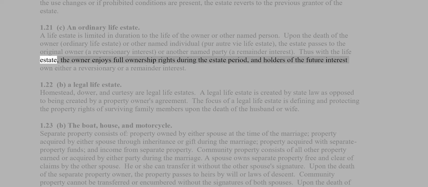Thus with the life estate, the owner enjoys full ownership rights during the estate period, and holders of the future interest own either a reversionary or a remainder interest.